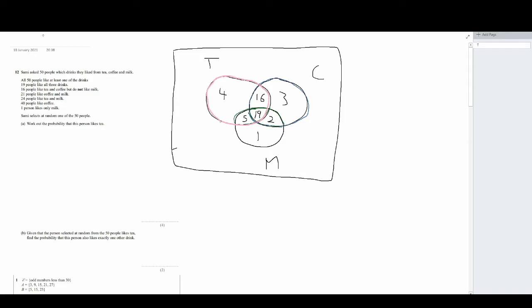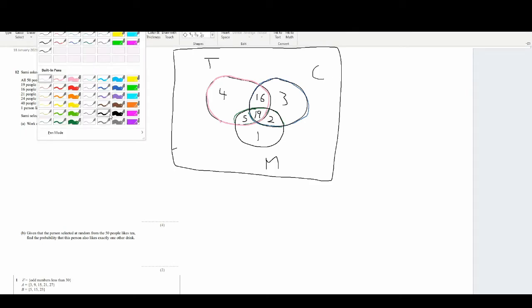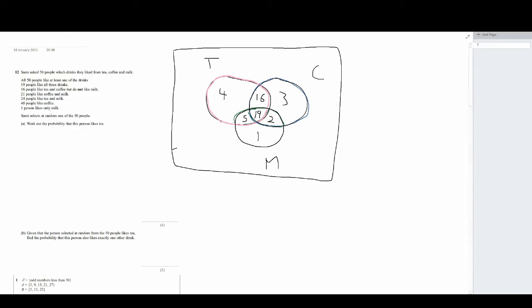So out of 50, we've gone 4 plus 16 plus 19 plus 5. And that gives us 44.